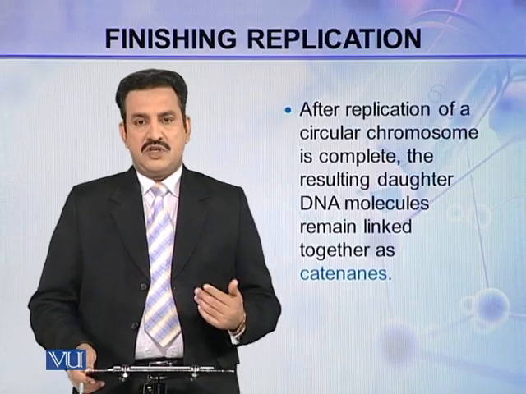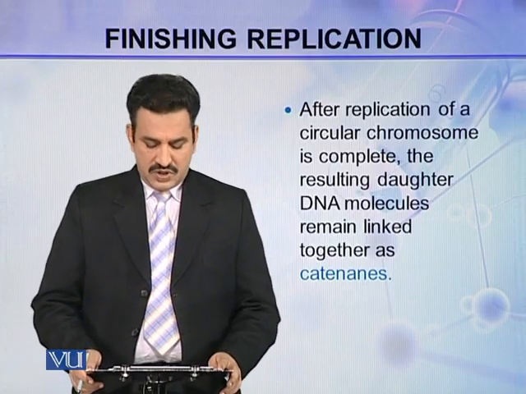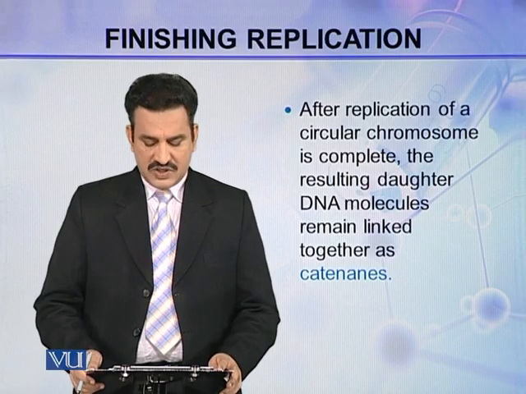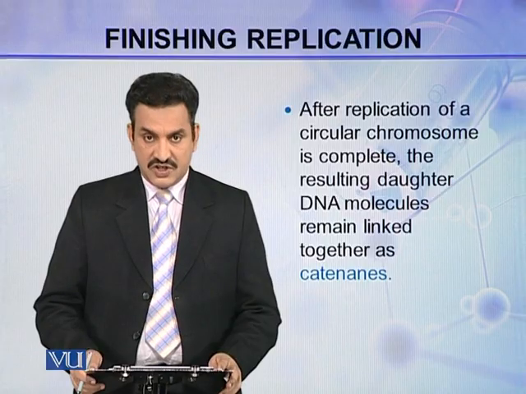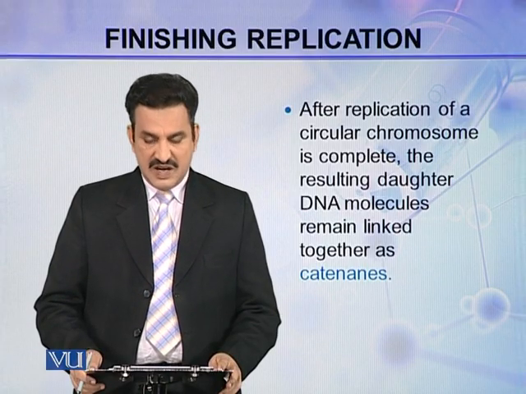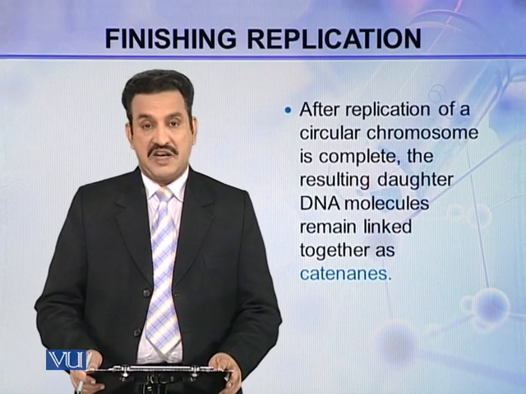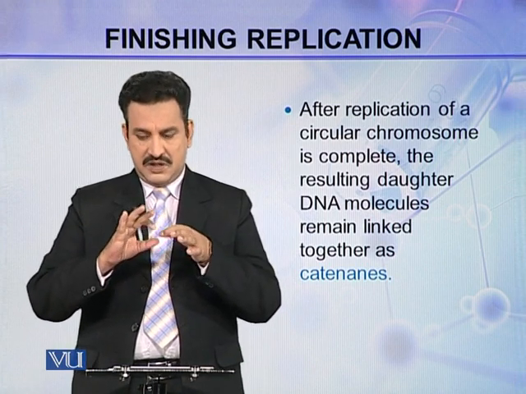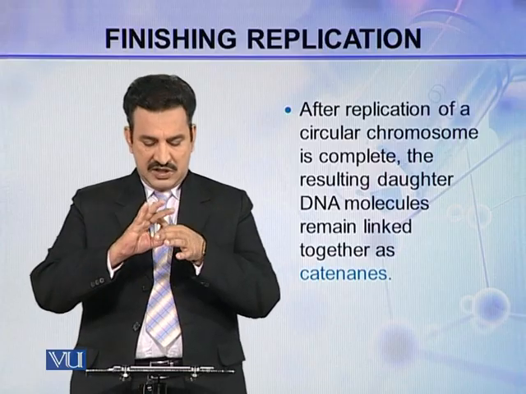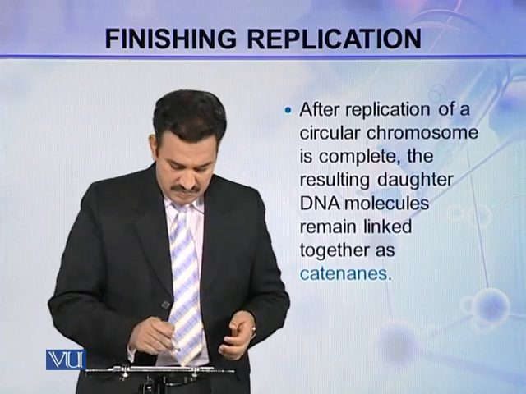So come to the circular chromosomes. After replication of a circular chromosome is complete, the resulting daughter DNA molecules remain linked together as catenanes. Catenanes are just like two circles joined in this way.